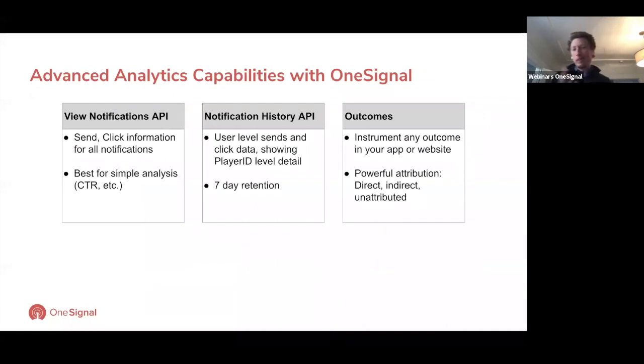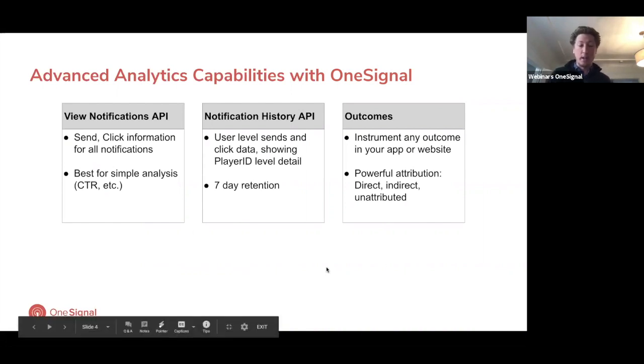Cool. So let's take a quick view across kind of OneSignal's advanced analytics capabilities, going from sort of simplest on the left to sort of more sophisticated on the right. So when you send a notification, you can obviously go in our dashboard under the delivery tab and just see all the statistics there. You also can pull that data down using our view notifications API.